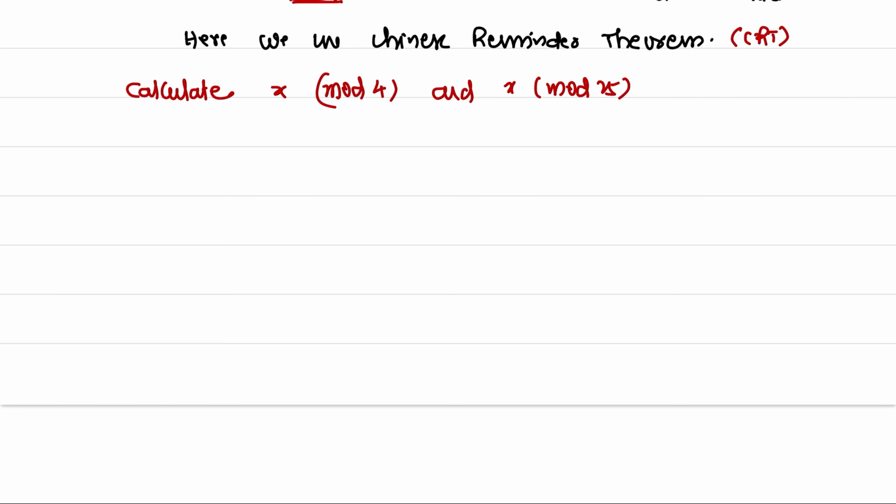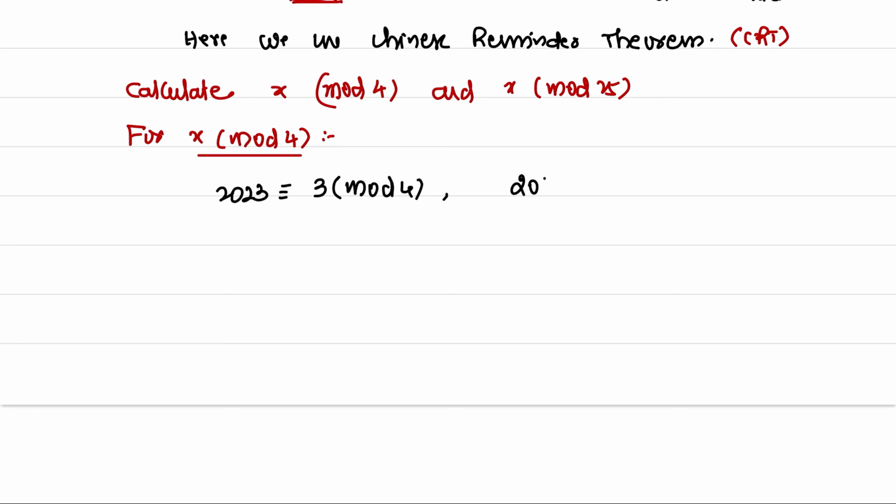Now, for x mod 4, 2023 is equivalent to 3 mod 4. Do you agree? When you divide 2023 by 4, you will get a remainder of 3.